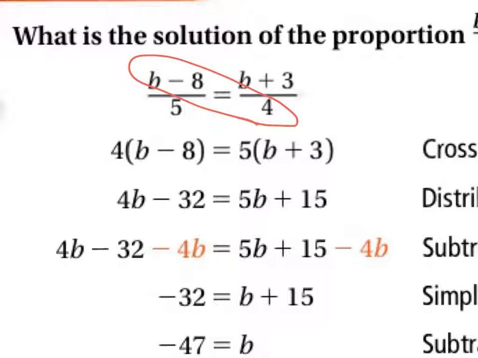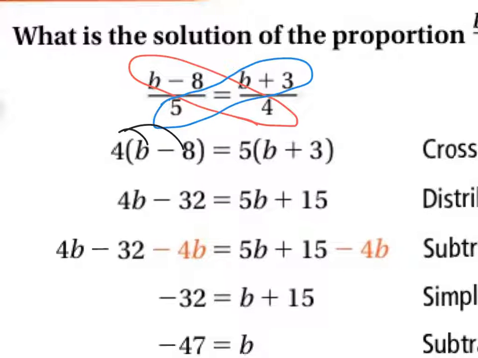So we're going to have 4 times b minus 8, and we're going to have 5 times b plus 3, and those are equal to each other. I would really recommend that you write it out like the book has. Don't skip that step, because distributing, sometimes people even forget things even if we have it written like that. So we're going to do 4 times b minus 4 times 8.